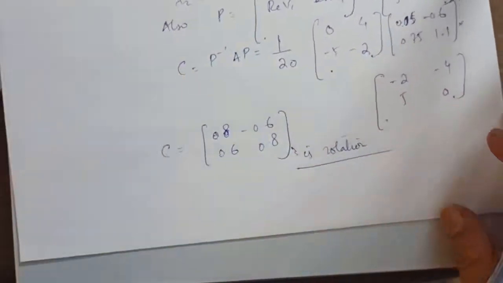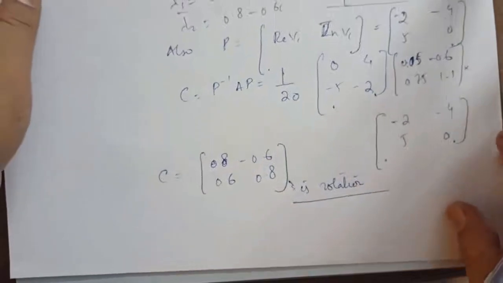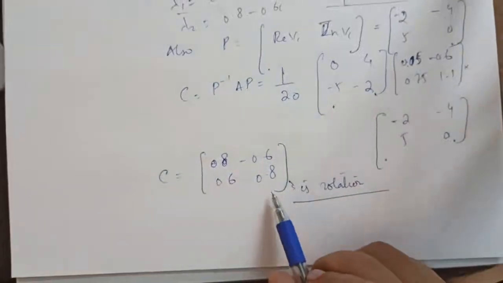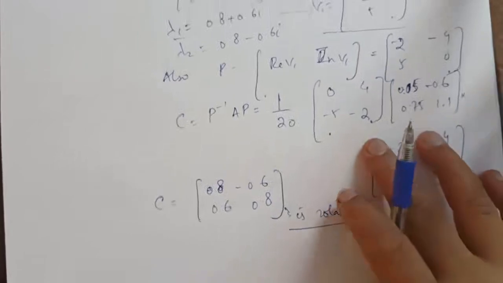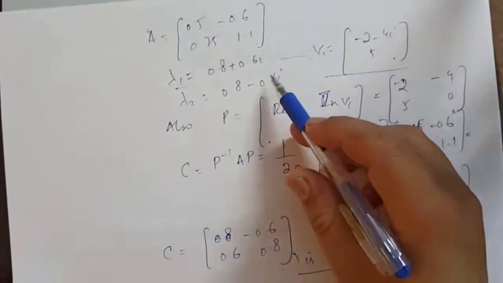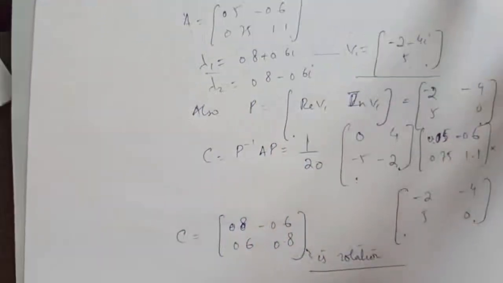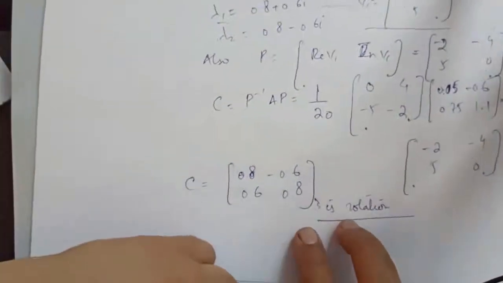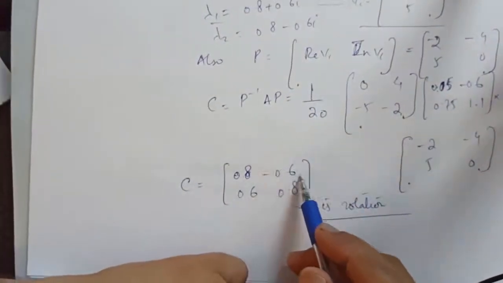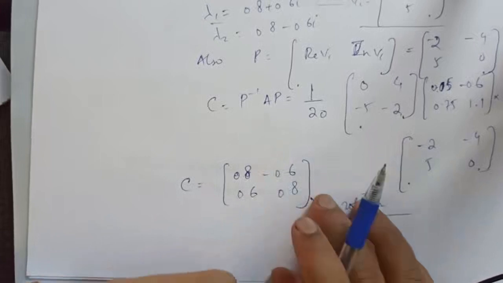So what we have here is a rotation present inside this matrix A. What we can see here is that C comes out to be [[0.8, -0.6], [0.6, 0.8]].